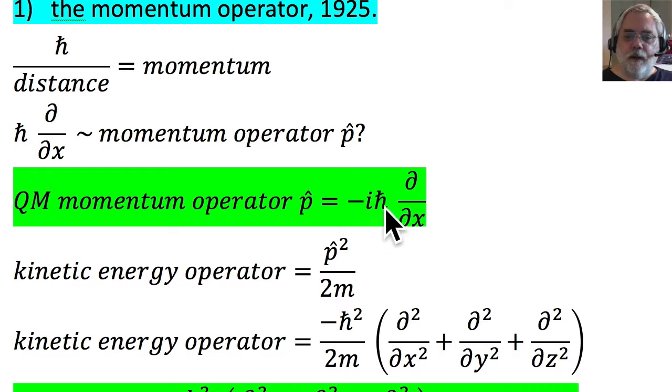Well, when we do p squared, this minus i squared is going to give us a minus sign. H bar squared is here, over 2 times mass, and then the second derivative is going to be like this: second derivative with respect to x squared plus second derivative with respect to y squared plus second derivative with respect to z squared. If we were using cylindrical coordinates or spherical coordinates, it would be different and more complicated, but well understood in classical physics.